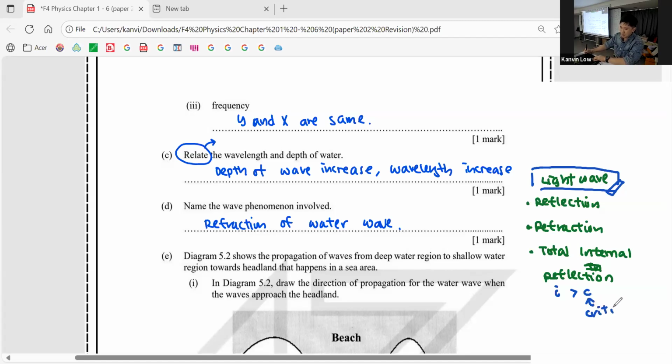Critical angle. Very good. Okay, refraction, total internal reflection, and then after that we have? Oh no, interference, sorry. Interference is actually the water wave. So basically for light wave, I believe that there are reflection, refraction, and total internal reflection. That's it.